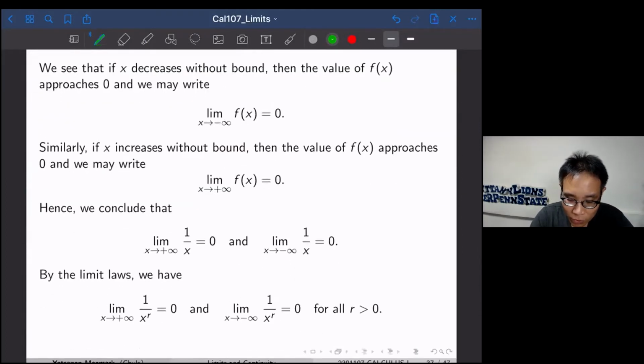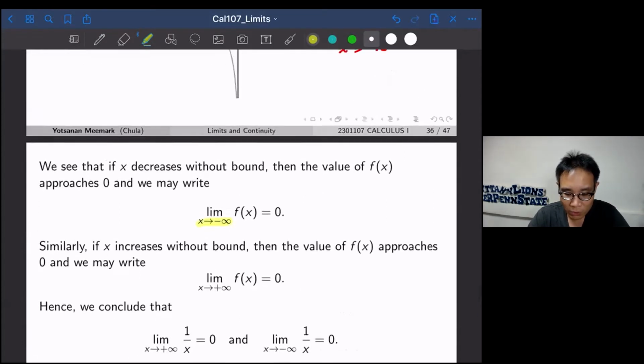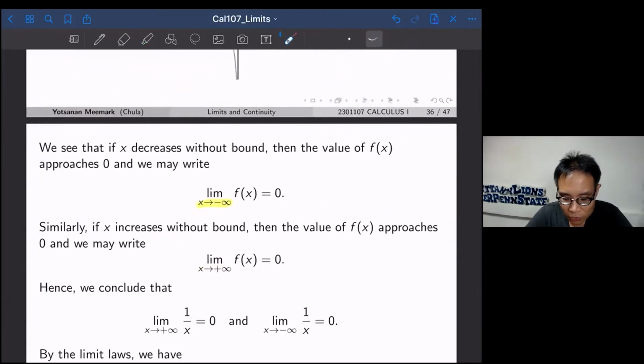We're going to use notation in order to talk about negative large or positive large. When x goes to negative infinity, it means that x is decreasing without an upper bound. So you get the limit as x goes to negative infinity, and the limit as x goes to positive infinity, or sometimes just infinity without any sign.